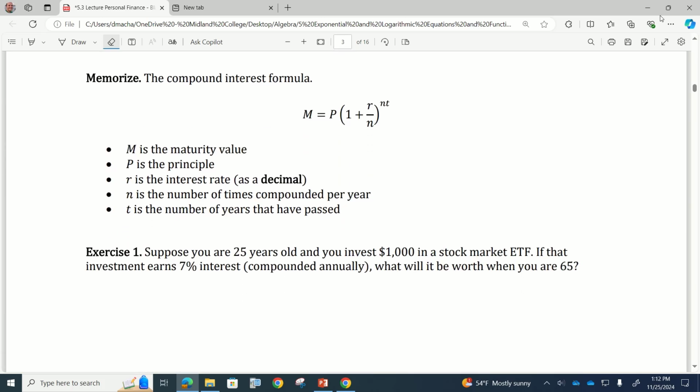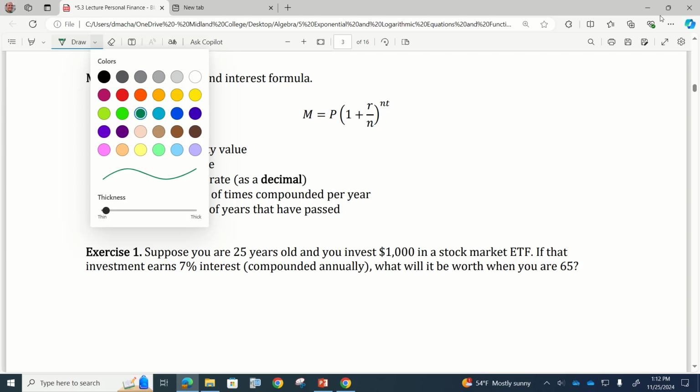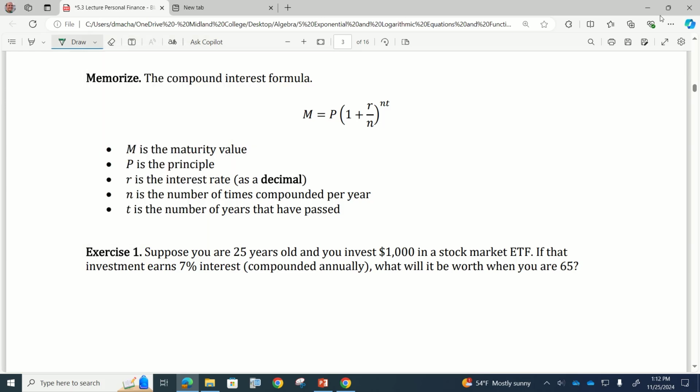We have a compound interest formula to make this easier to do. And I mean, you can read the formula right here. This is something to have memorized. M, the capital M, is what we call maturity value. The capital P is what we call principal.